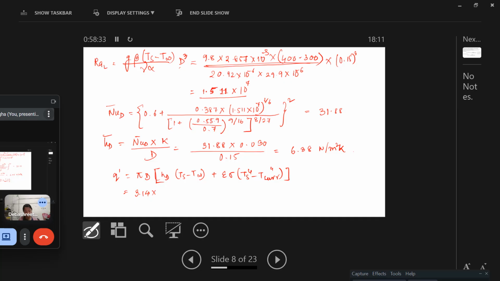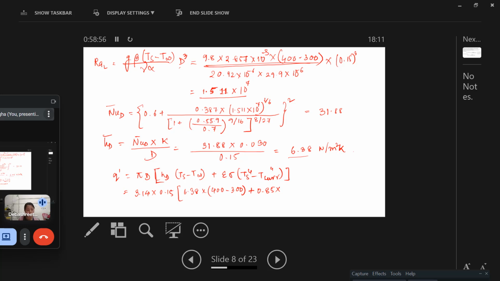So it's 3.14 into D, 0.15 into HD, which we calculated as 6.38, into (TS 400 minus 300) plus epsilon, which was given as 0.85, into sigma.